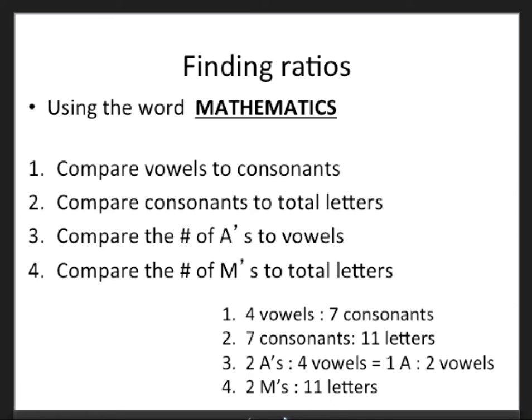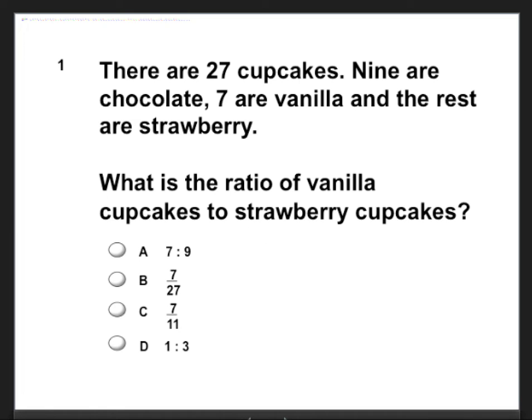Okay. All right, we're going to keep practicing with some of these. So here, there are 27 cupcakes. 9 are chocolate, 7 are vanilla, and the rest are strawberry. What is the ratio of vanilla cupcakes to strawberry cupcakes? So think about that. What is the ratio of vanilla, 7, to strawberry?